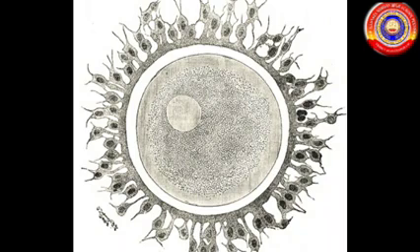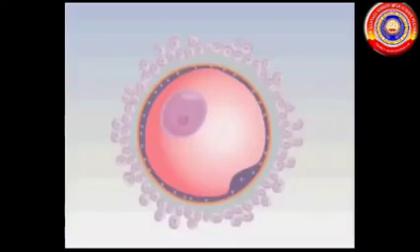Next, look at the ovum, the female gamete. It is larger than a sperm. It is non-motile. It has specialized protective layers outside the cell membrane of the ovum.